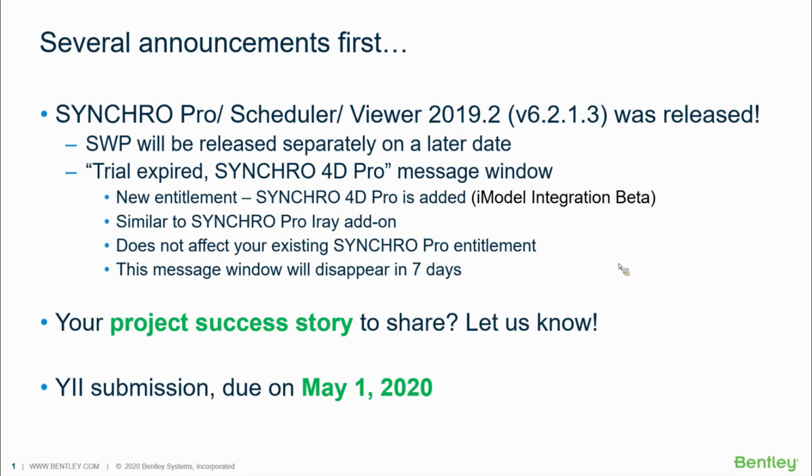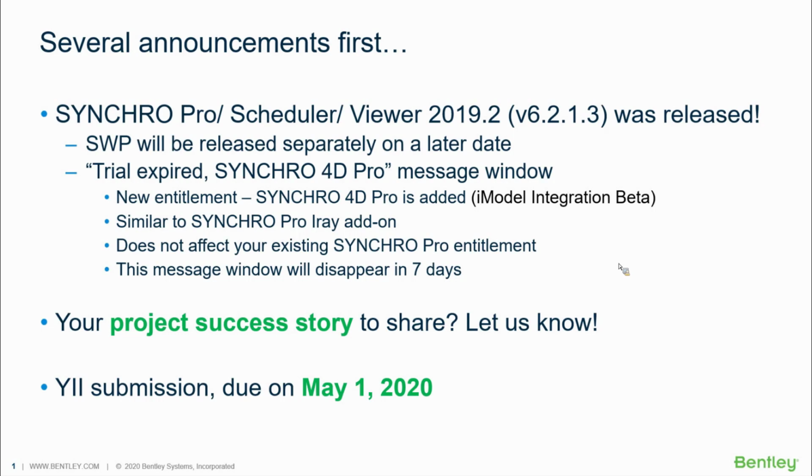The second one is if you have upgraded to 2018.2 SYNCHRO Pro, thank you. You may see a message window which says trial expired SYNCHRO 4D Pro. That message window pops up because we added a new entitlement, the SYNCHRO 4D Pro entitlement, that allows for the iModel Hub integration. That is the beta version.